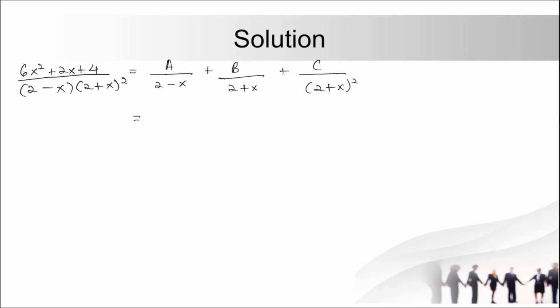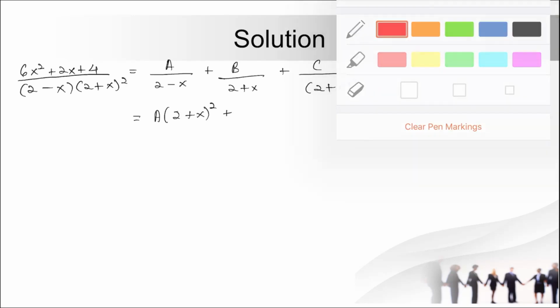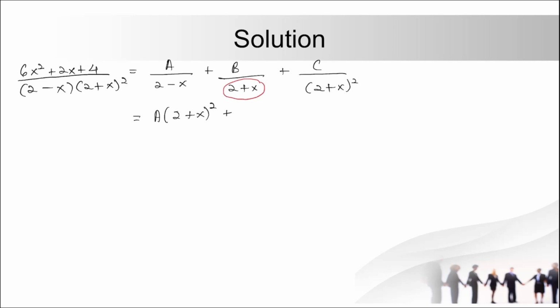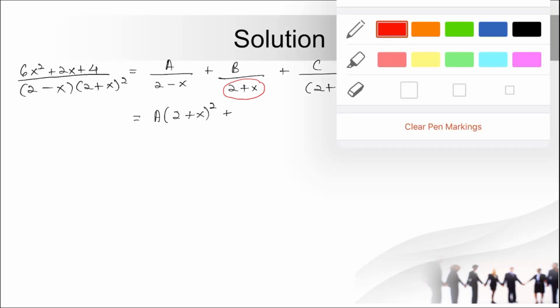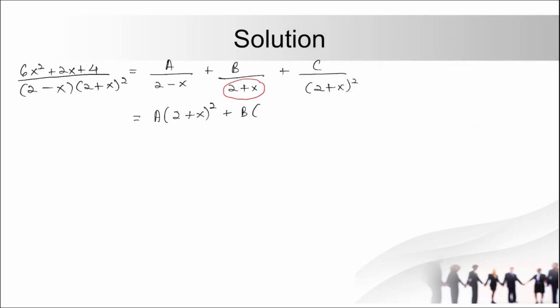So to equate the denominator, let's check the denominator at A. We have A over 2 minus x, so A has to multiply with (2 plus x) squared. And for B over 2 plus x, we already have the denominator 2 plus x, so we want to have the denominator (2 plus x) squared and 2 minus x.